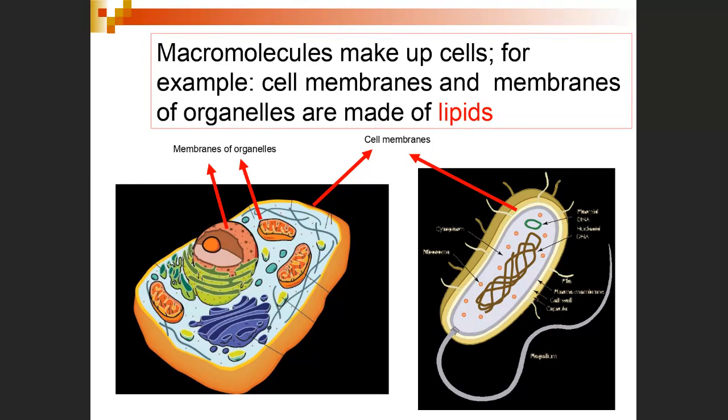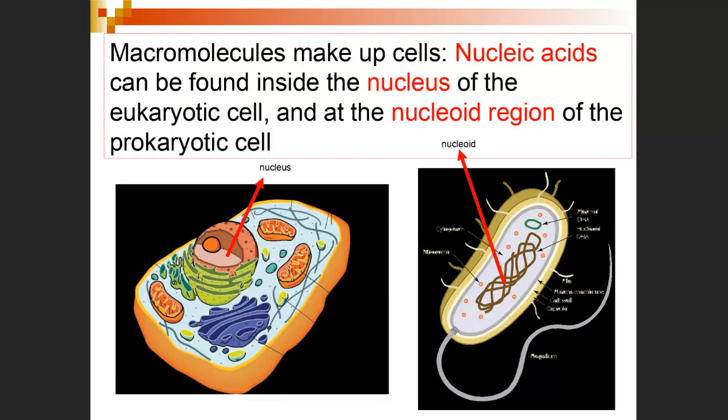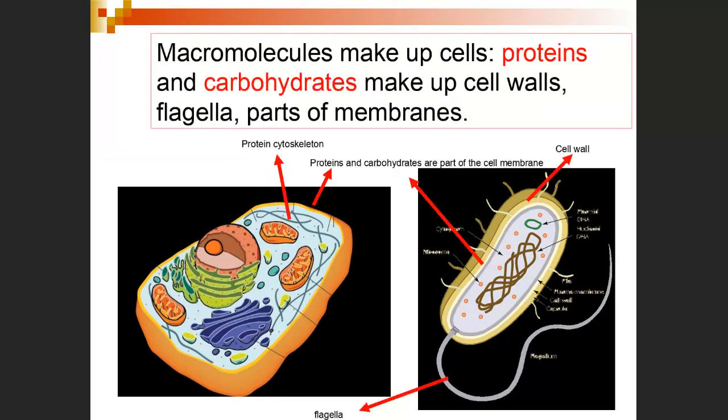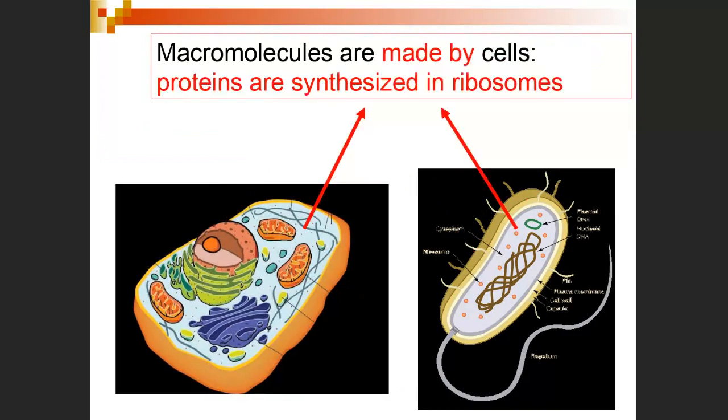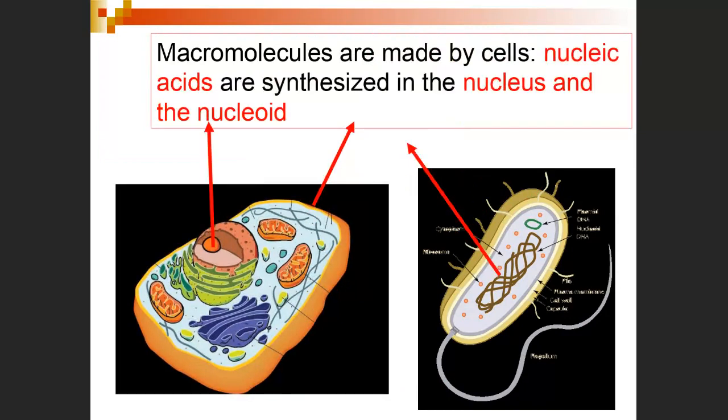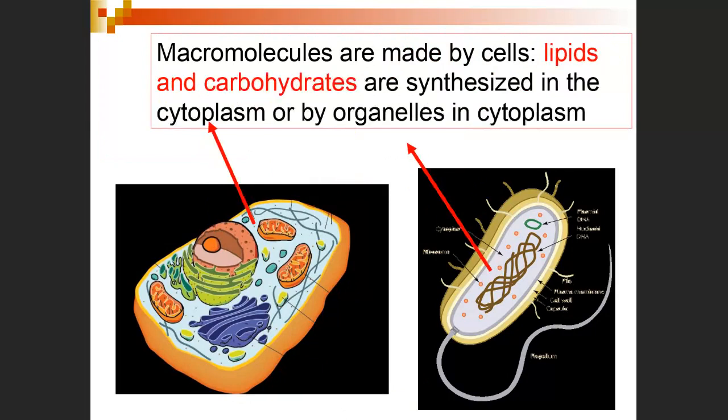I just want to emphasize that those molecules are indicative of life because only life can make them. Living cells can make them. This is just going over where we find them, examples of locations where these molecules are found and where they're made. And notice that this is true for both eukaryotic and prokaryotic cells. Both cells contain these molecules.